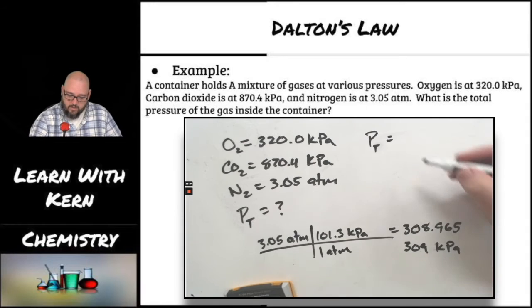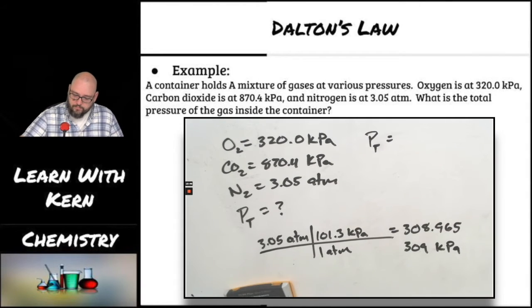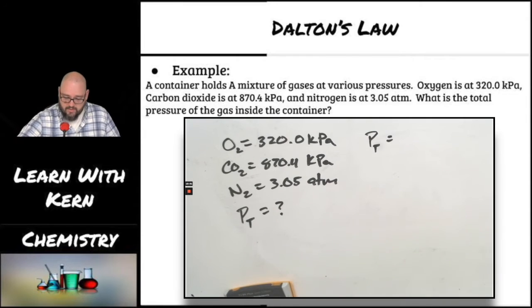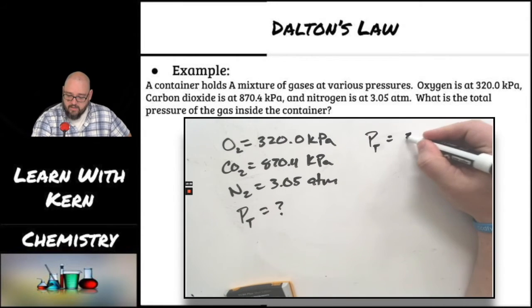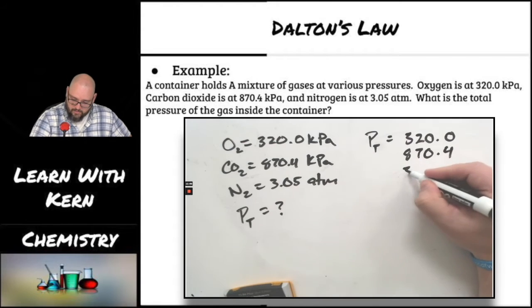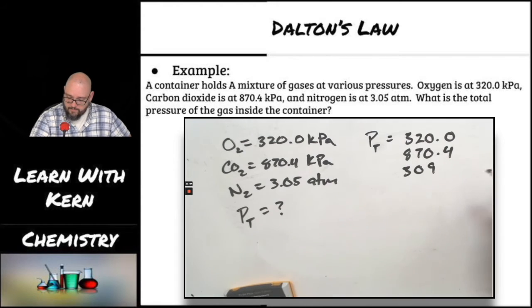Okay, so now I'm going to add these together. Now we're going to do something that we haven't done in a while, and that's adding with significant figures. So I've got 320.0, 870.4, and 309, and these are all my kPa.